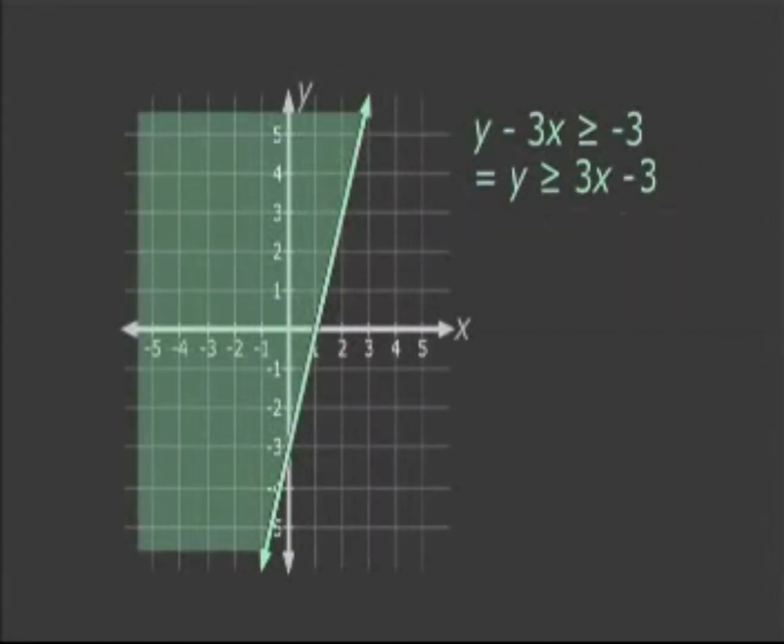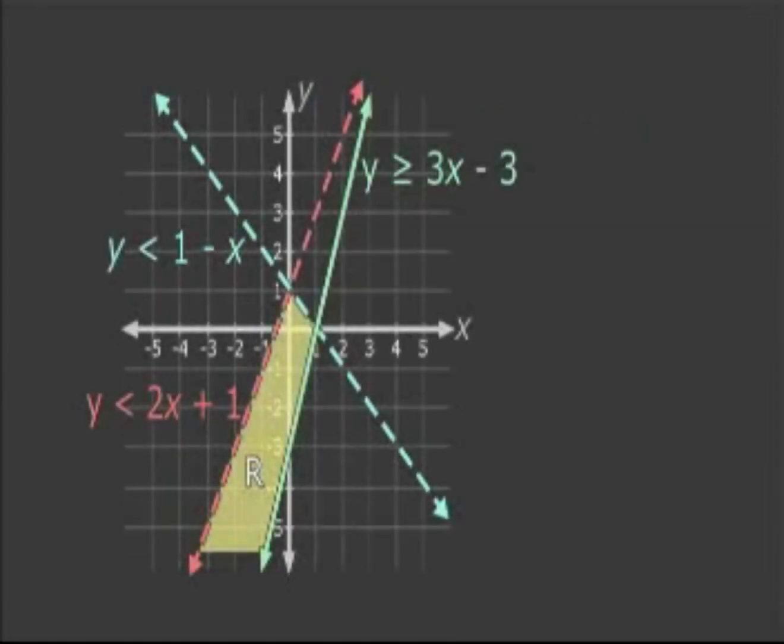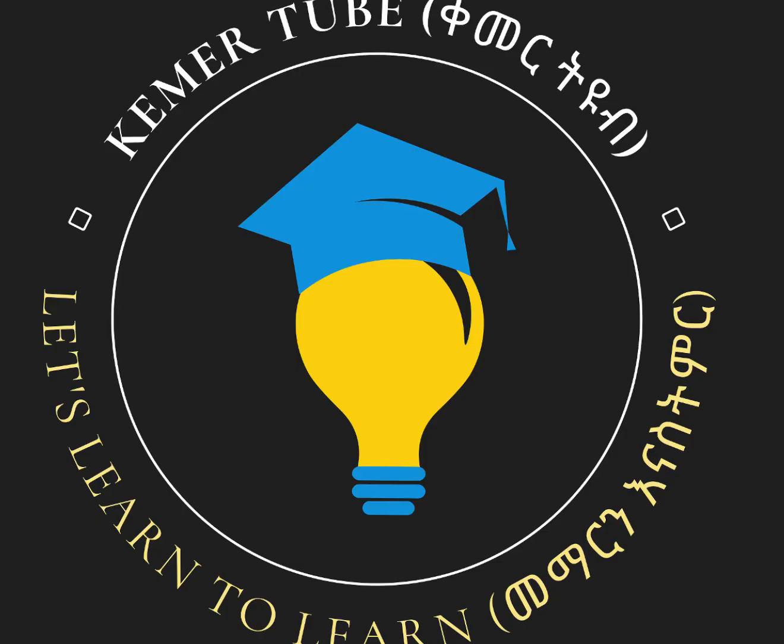This is the graph of y is greater than or equal to 3x minus 3. When we combine each of these graphs on the same coordinate system, this is the result. The highlighted area shows the solution for the system of inequalities.